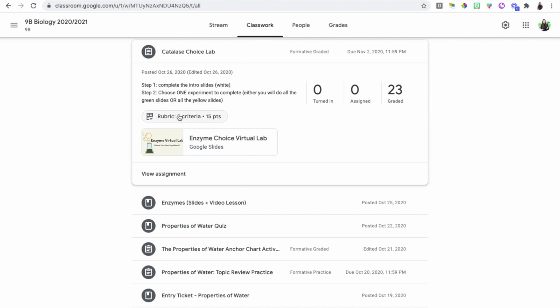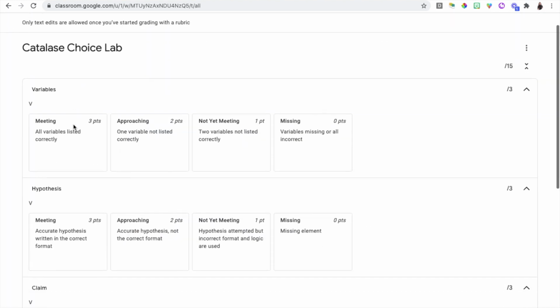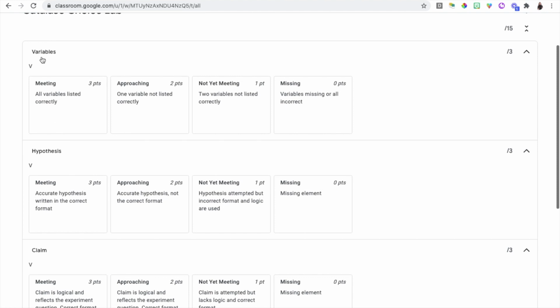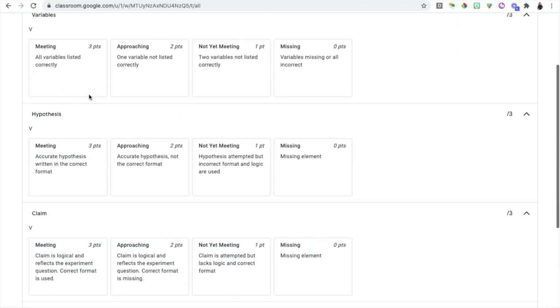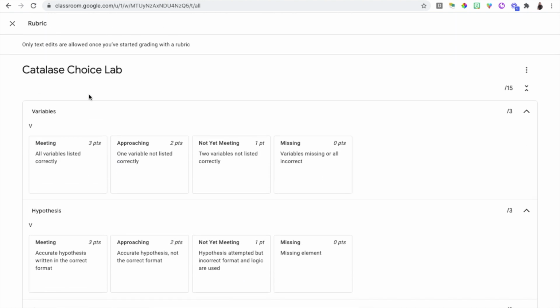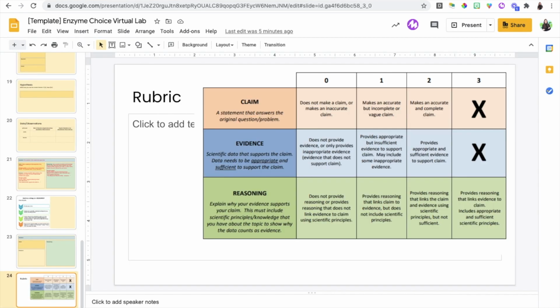The rubric is also attached to the Google Classroom page, and as you can see, I graded them on specific categories in the digital notebook, including correct variables, hypothesis, claim, evidence, and reasoning, and I used a 3-point system, and there's a description for each of the categories. Students always have the rubric shared with them ahead of time so that they get an idea about what my expectations are and how I will be assessing them.